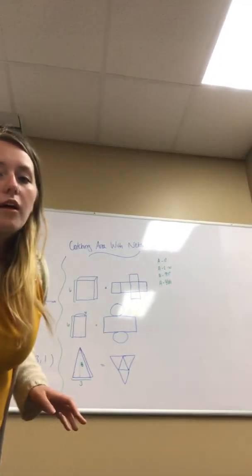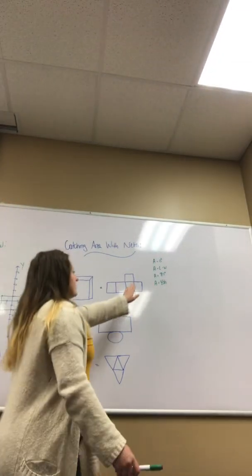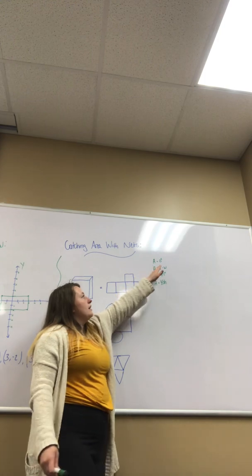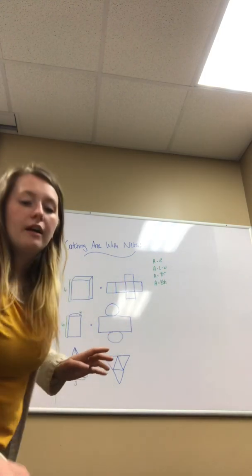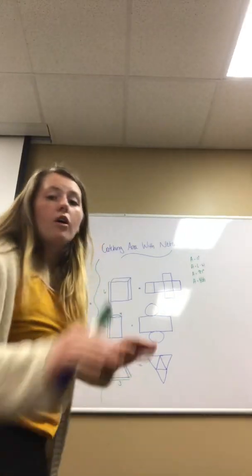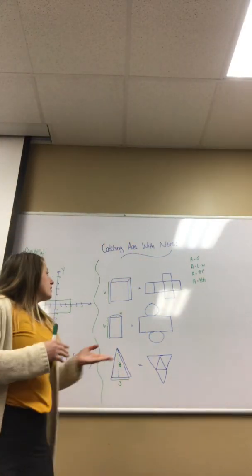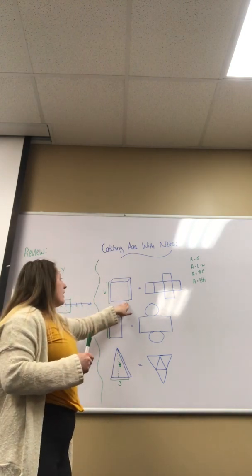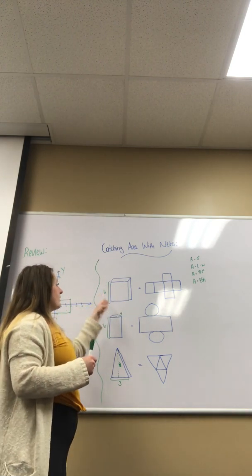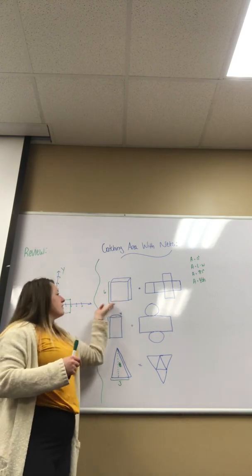And I have our areas up here on the board, because we did this the first day. A equals S squared. That would be for our square. When we have a square, all sides are the same, right? So we have this side times this side, S squared. Because if this is 6, this is also going to be 6 because it's a square.